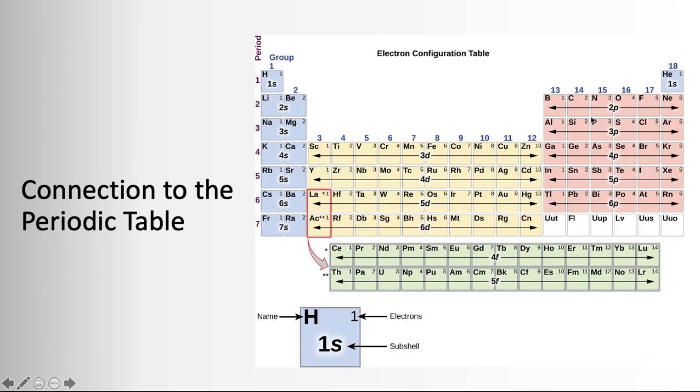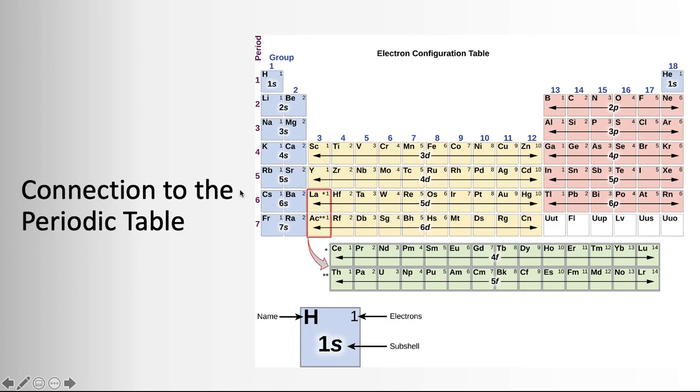For example, if I look at phosphorus over here, phosphorus is in period number 3, so it is filling the third energy level. It already has filled the 3s, so it has a full 3s2, and then it's filling the p orbital, and so it's 1, 2, 3. It's got 3 electrons in the p orbital.